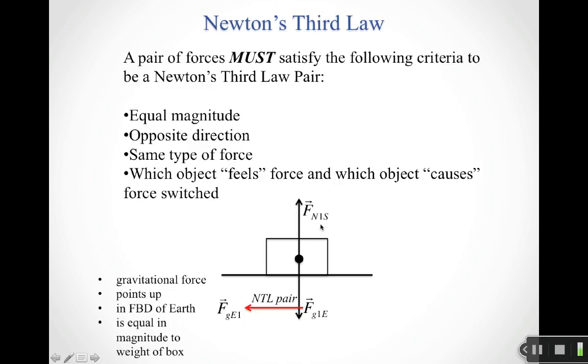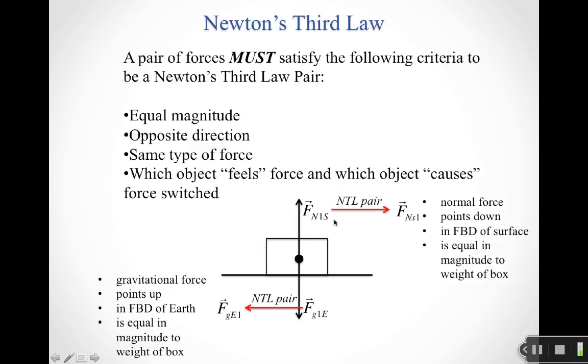What if I wanted to look for the Newton's third law pair for this normal force? Again, where to go look is in the free body diagram of the surface. I know it needs to be a normal force. Since this normal force points up, the surface pushes the box upward, the box pushes down on the surface. So I know that the Newton's third law pair will point down, it's going to be in the free body diagram of the surface, and it will have the same magnitude as this normal force.